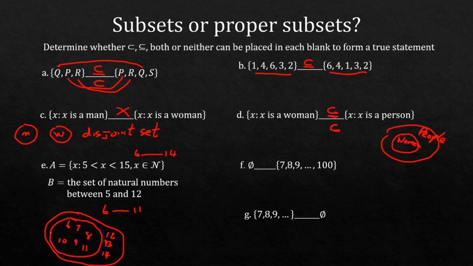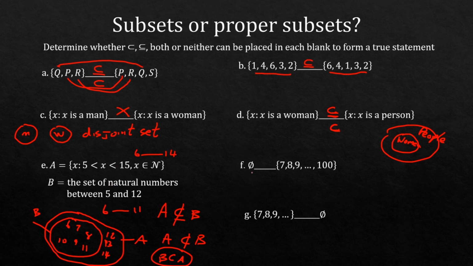And this is set B. And this is set A. So you can see that B is a subset of A, but A is not any kind of subset of B. But we can see that B is actually a subset of A in that particular question. So in this case, A is not a subset of B, it's the other way around.